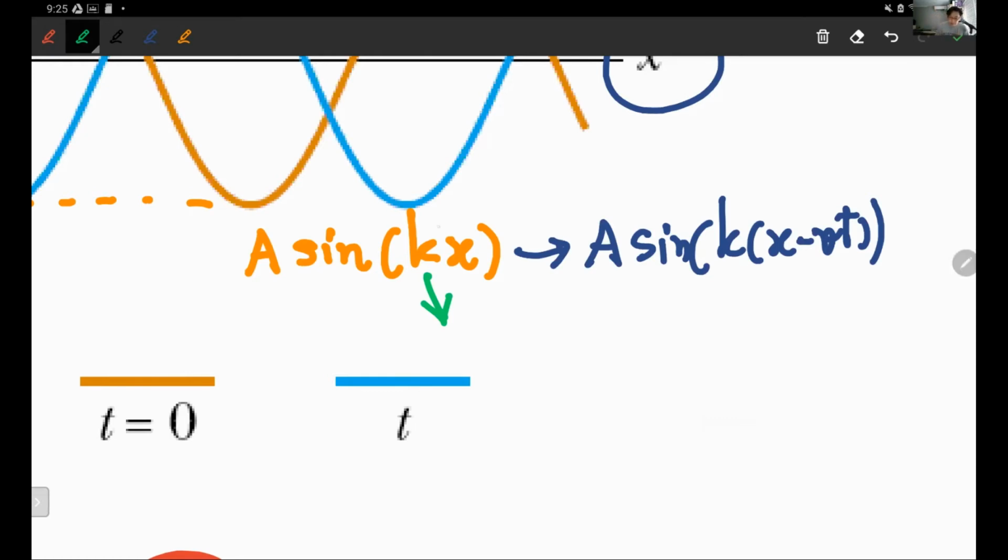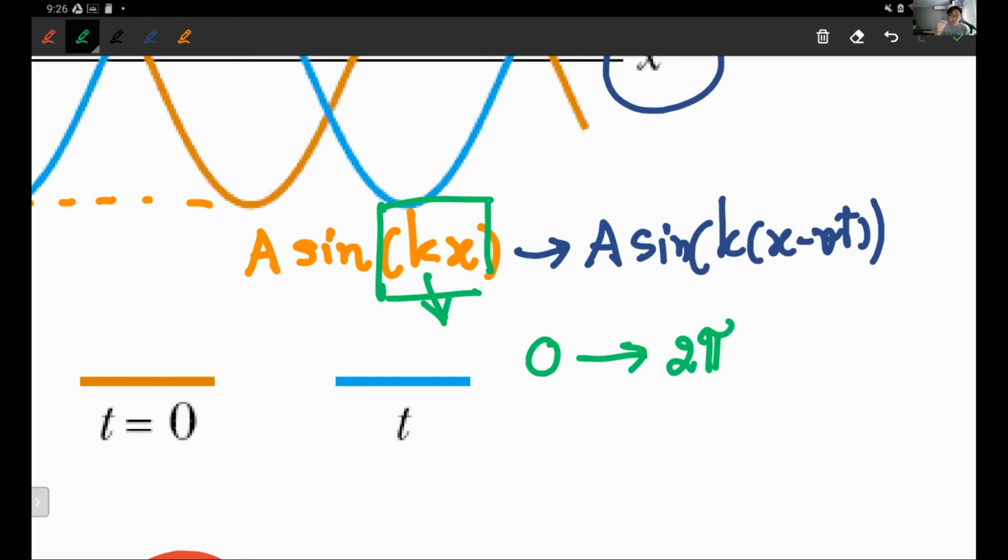But don't forget that the whole thing is inside the sinusoidal function. We have already learned that when you go a full cycle, the angle inside the sinusoidal function goes from 0 to 2 pi. Every time you go around a complete 2 pi angle, that is equivalent to one cycle.